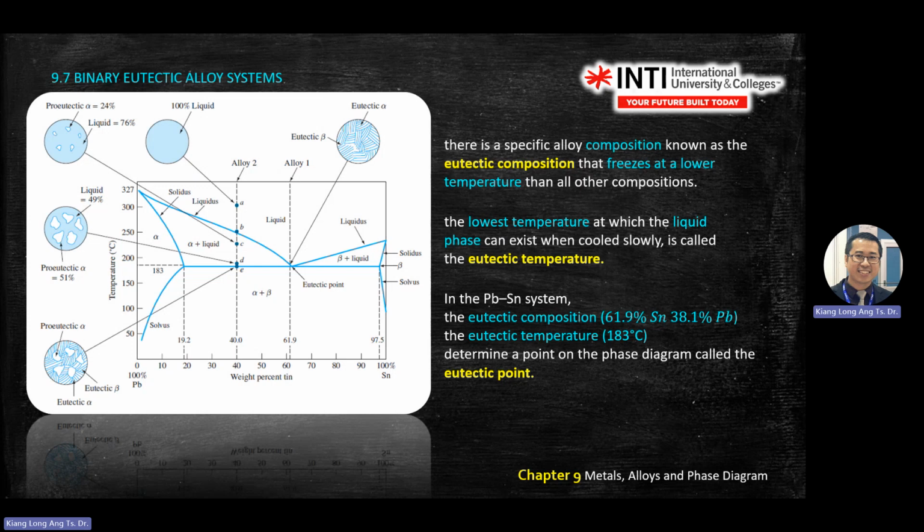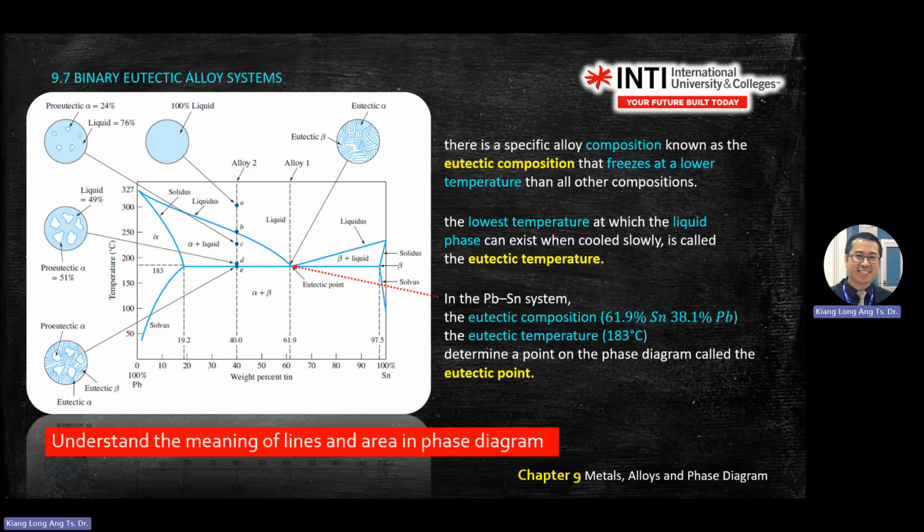What is the lowest liquid that you can see on the graph? If you drop from top to bottom, it is this temperature. This line also, liquid comes to here, the rest is solid already. Here, yes, you see liquid, but it also forms the liquid at this temperature, 183, the lowest temperature that you can go. So it's called the eutectic temperature.